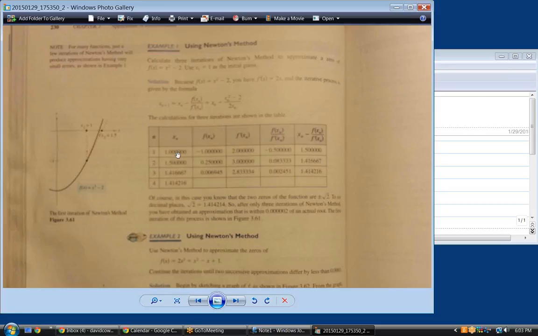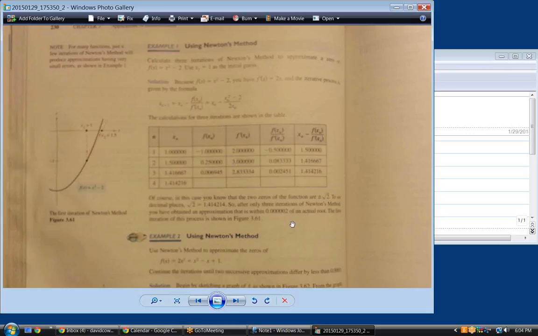And with only 3 iterations, we get 1.414216, which is within 2 millionths of the actual zero. So this process works unbelievably well as an approximation for most functions.